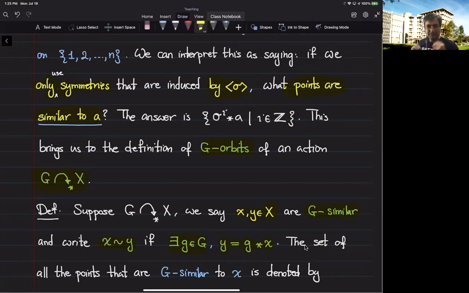So if I let this element G act on the point X, to what other points can I reach?